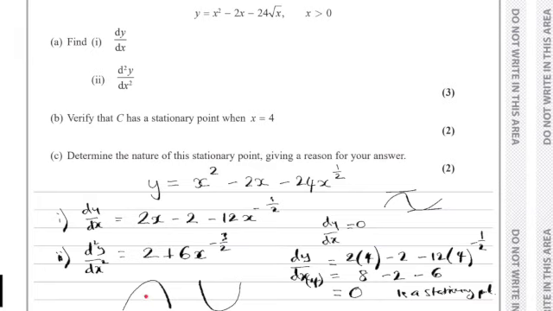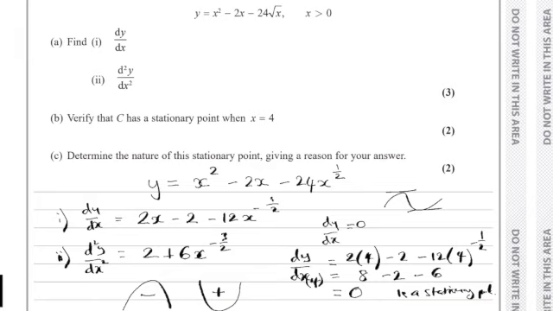If we get a negative value, then we know that we have a maximum, and if we get a positive value, then we know that we have a minimum. And if we get a 0, it might be that we have a point of inflection, and we can check for that as well. But let's just see what happens when we evaluate the second differential for x equals 4.